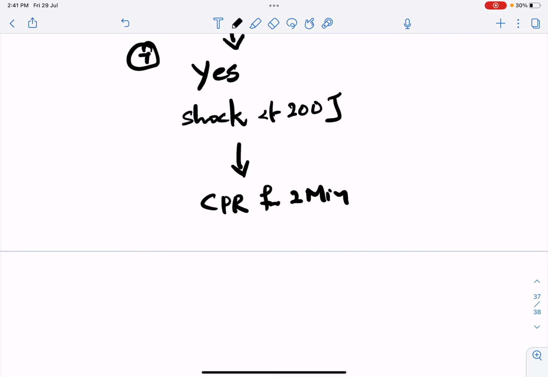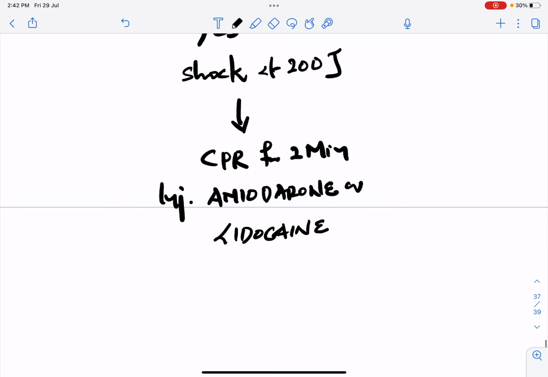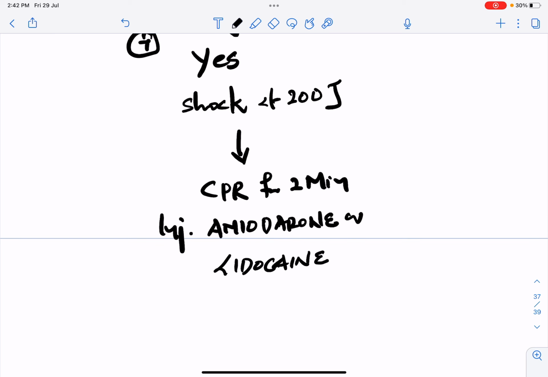First drug was adrenaline or epinephrine, and here comes our 2nd drug: either injection amiodarone or lidocaine. You can use either drug based on the availability. No preference. You can use amiodarone or lidocaine and continue the CPR. Okay, that is our 8th step.